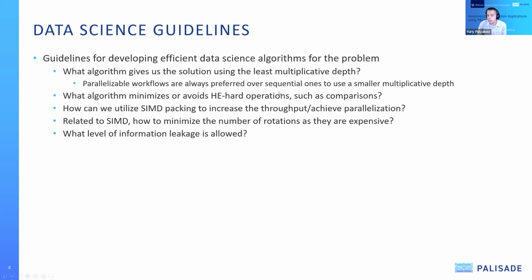Almost every operation can be performed with homomorphic encryption, but the question is how efficient they are. For instance, comparisons are typically quite challenging, and while they can be done, one tries to minimize them. So this is also another consideration that we were keeping in mind when designing the algorithms.